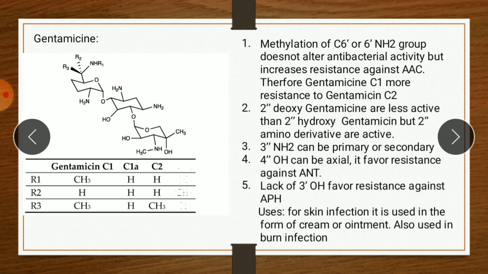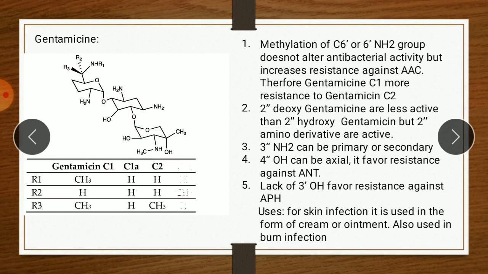Next point, lack of 3 dash hydroxyl group favors resistance against APH. So the 3 dash hydroxyl group means here, this one.